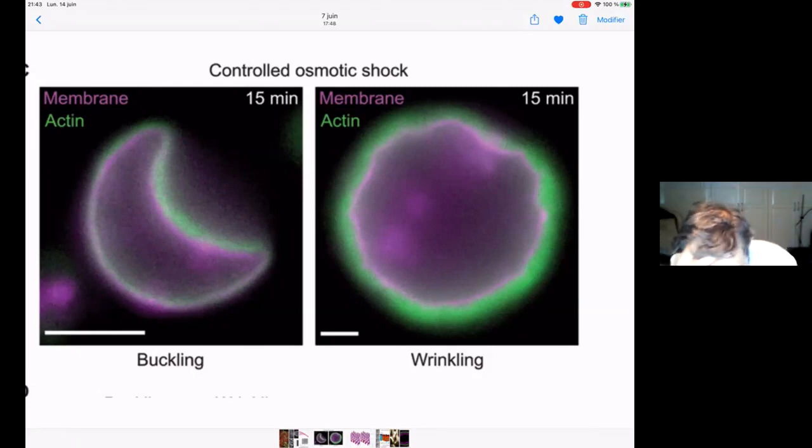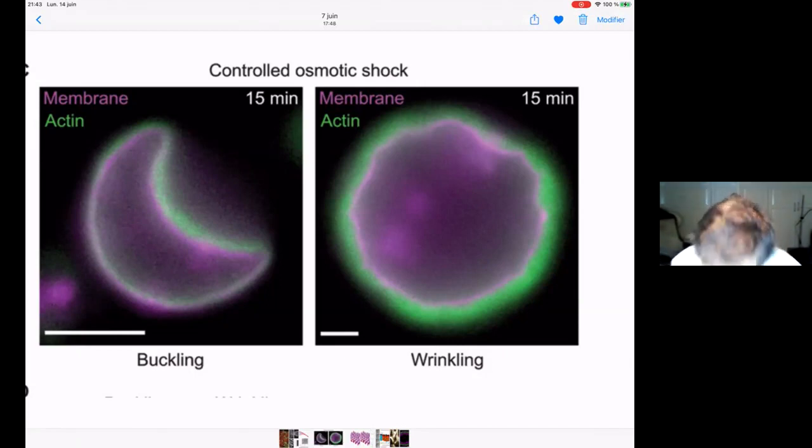So if the actin layer is thin, the vesicle buckles, and it buckles like a ping pong ball which you have kind of deflated, or that you squash a ping pong ball. So they can control this deflation, and they control it using usually osmotic pressure if they want to do it quantitatively.